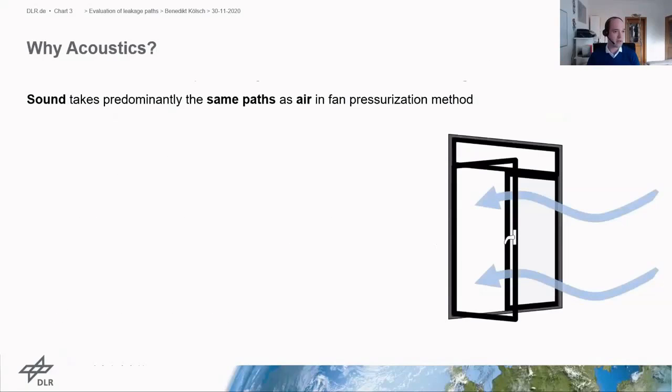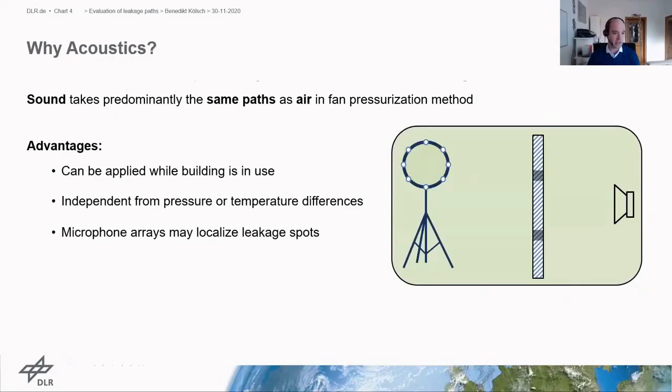We assume that acoustics, the sound, may take predominantly the same paths as air does in the blower door test. And moreover, it can have the advantage that it can be used while the building is in use. It is, in contrast to the blower door test, independent of pressure differences, and in contrast, for example, to methods like infrared thermography, independent of temperature differences.